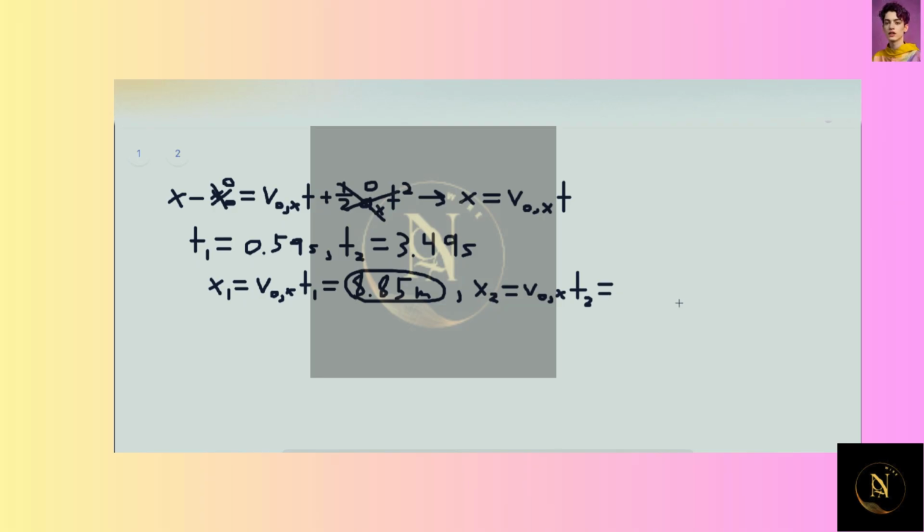So my x2 is going to be 52.4 meters. It gives me the second x value.